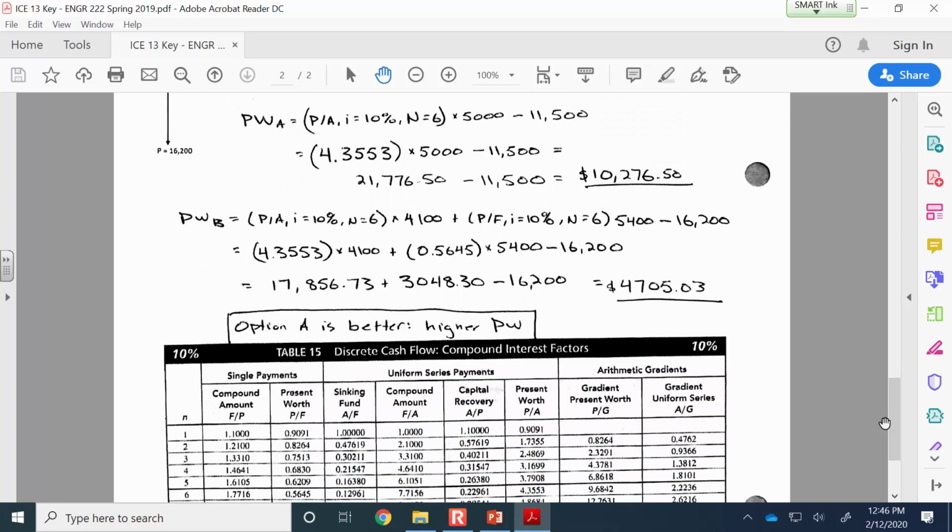If you want to double check the numbers, they're up on the screen here.